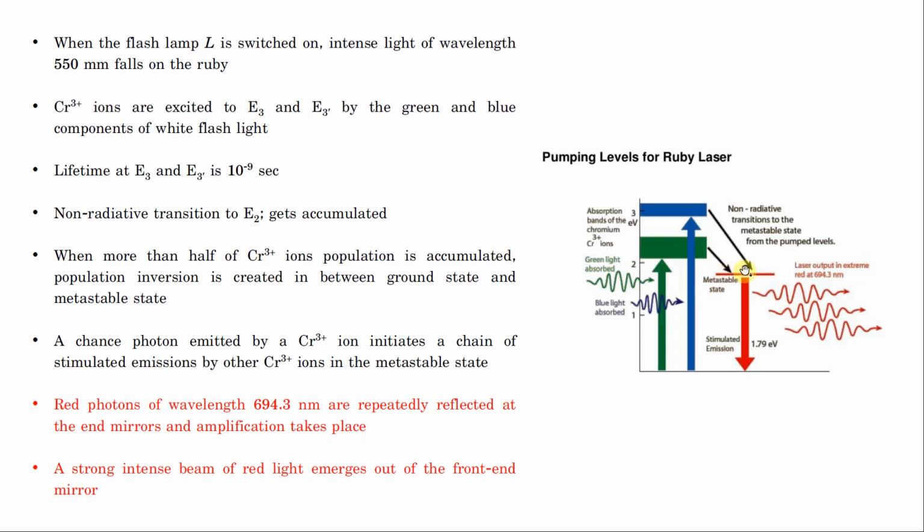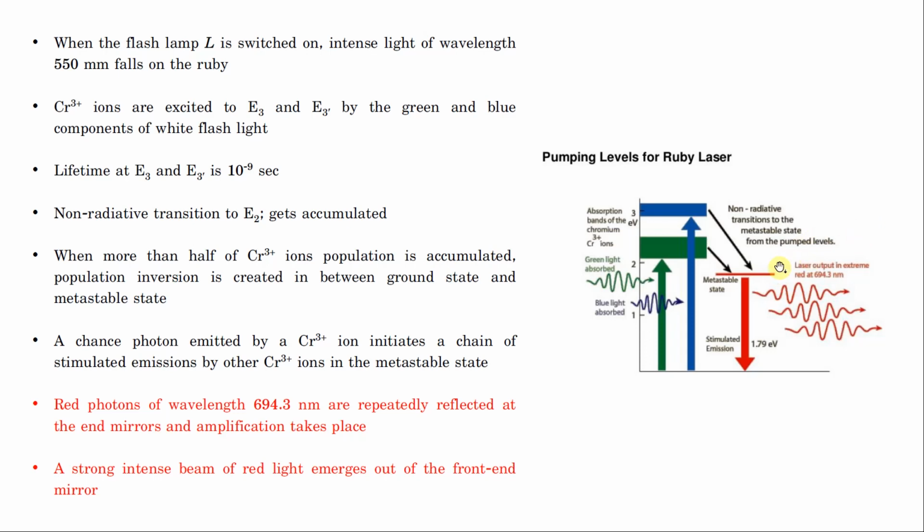The chromium ions from both E3 and E3 prime, corresponding to the absorption of the green light or the blue light, come down to the metastable state. In the metastable state, the ions can stay for a longer time.